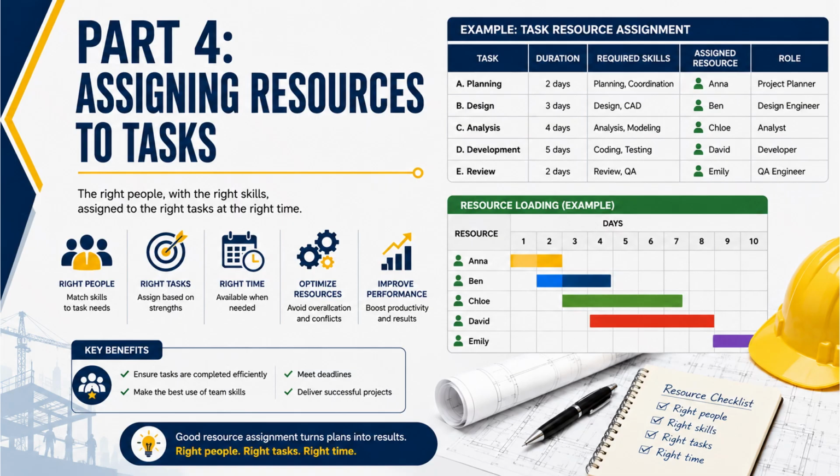In this part, we will learn how to assign resources realistically and how to avoid resource problems such as over-allocation. This is very important because a schedule may look correct in terms of time and sequence, but it will not work if the required resources are not available.